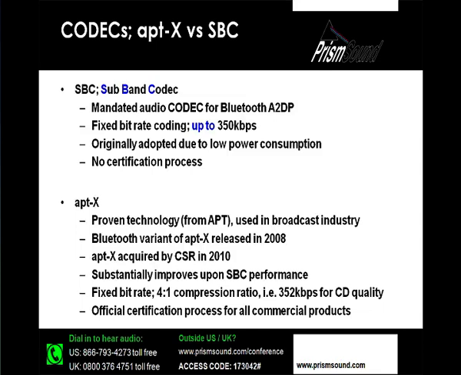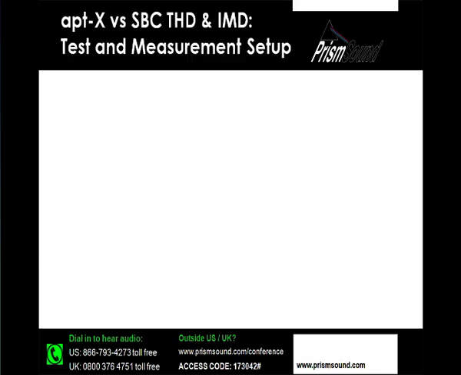And finally, we have an official certification process for any products that you might see on the shelves. This means that anything that gets released, we've passed it to make sure that it's got sufficient sound quality for our purposes. So we're just going to do a couple of very quick measurements here just to show the advantages of aptX over SBC.